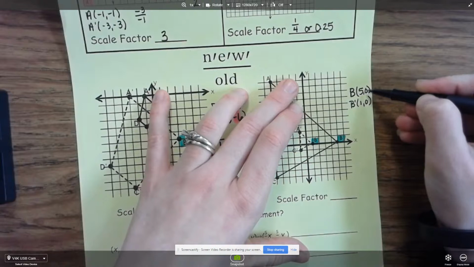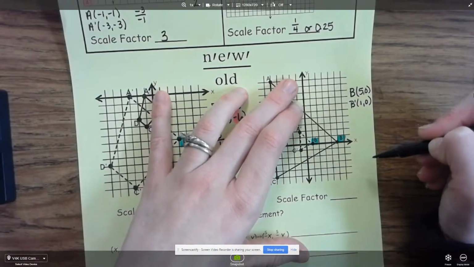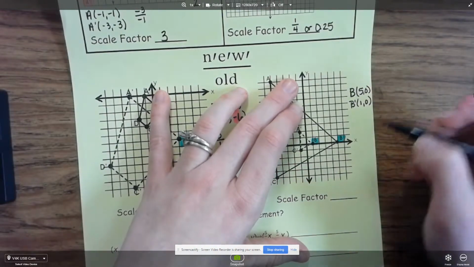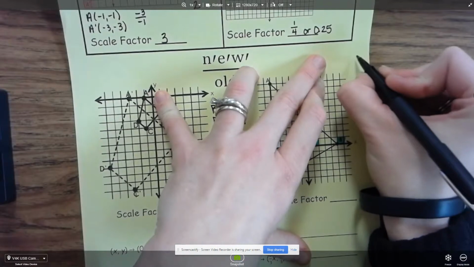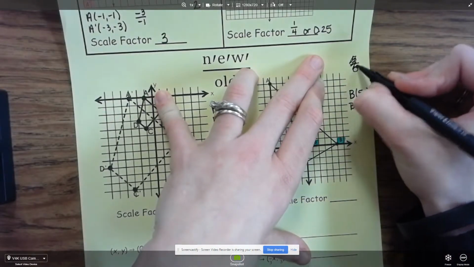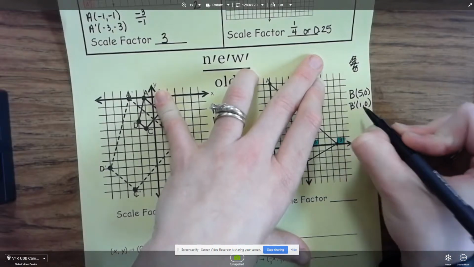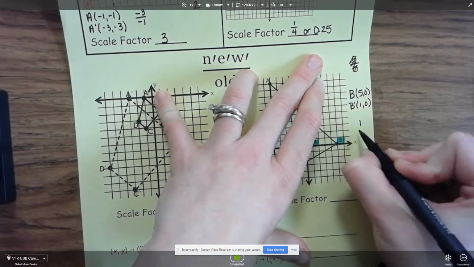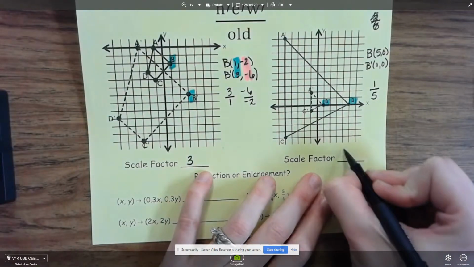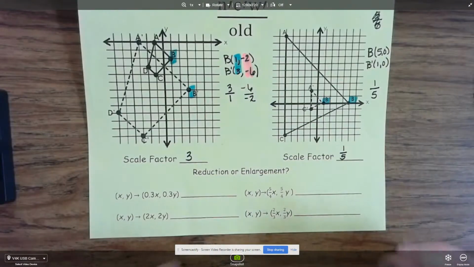So the reason I try to avoid zeros is that you cannot divide by 0. You can never have a number over 0 like that. That does not work in math. But you can still do the X value here. So new over old would be 1/5. And so that would be my scale factor.